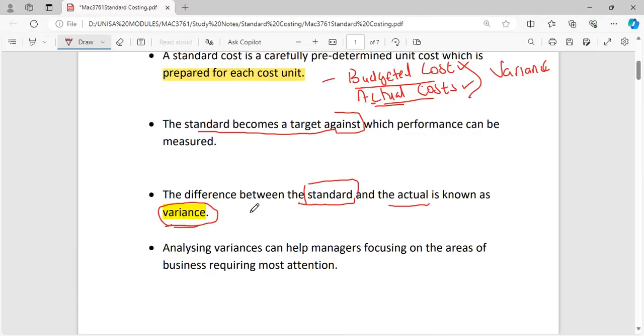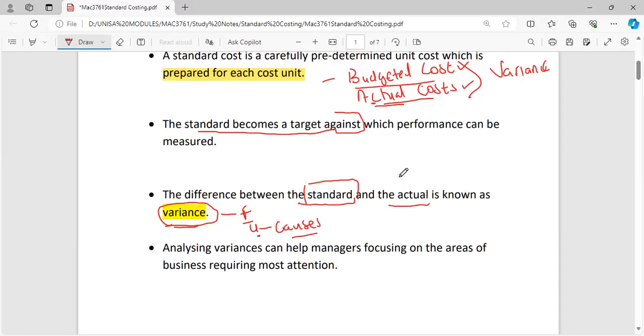And in our variance, we have favorable and unfavorable. These are the two types of variance that we have. So if it is unfavorable, you should now be able to recommend to management what might be the causes of this unfavorable variance. That's basically what a management accountant should do in an organization.